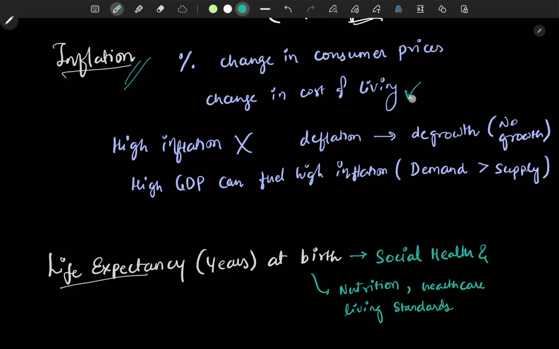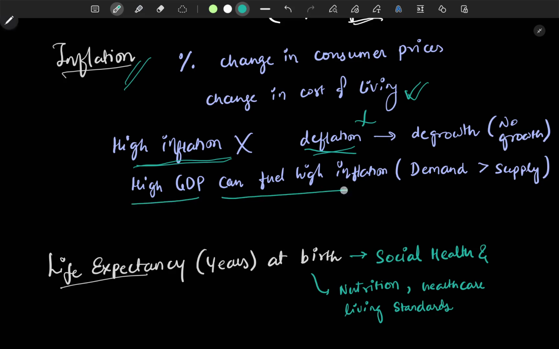Higher inflation is not attractive because it cannot provide very good services for a particular unit of money. Deflation is also not attractive because there is no growth, no economic expansion. It doesn't increase the economic activity of the country.